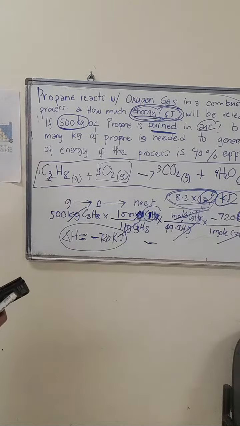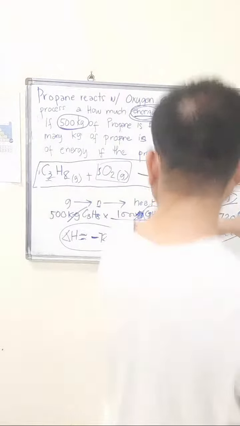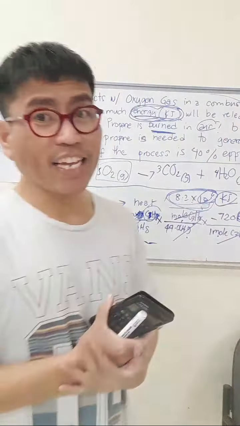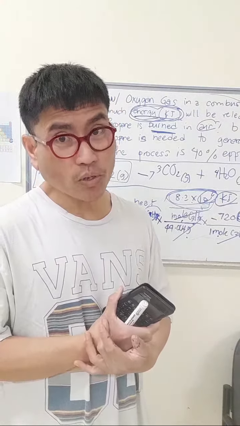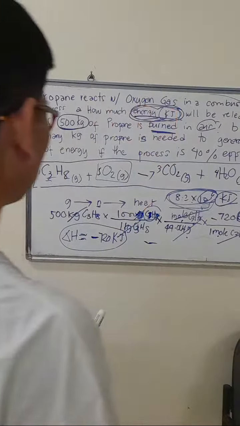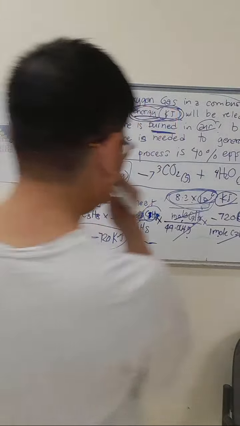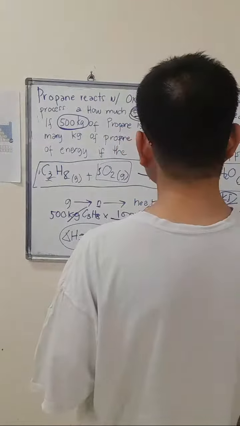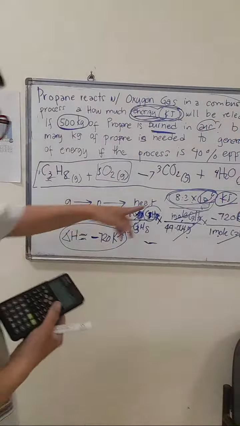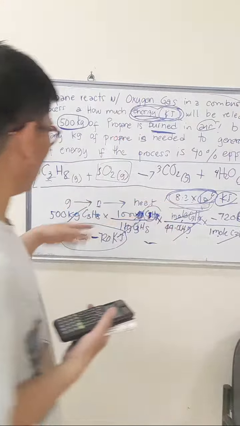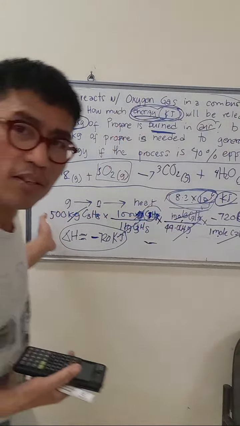So, you will say 5 moles of oxygen gas, then you know the heat. The formula of delta H for the formation reaction will be heat over the number of moles. So, you will just divide negative 720 kilojoules by 5. It's not the 8.2, because the 8.2 is if you have 500 kilograms.